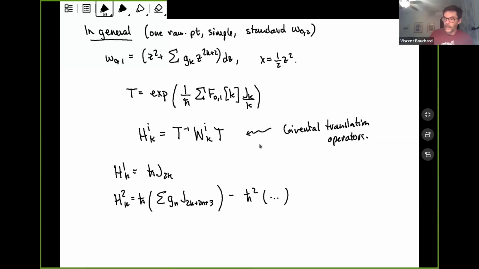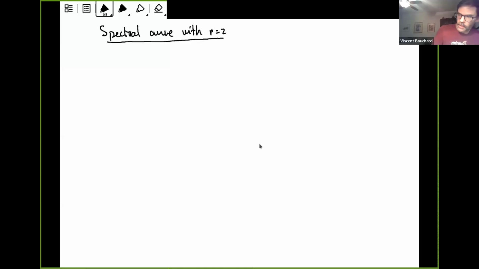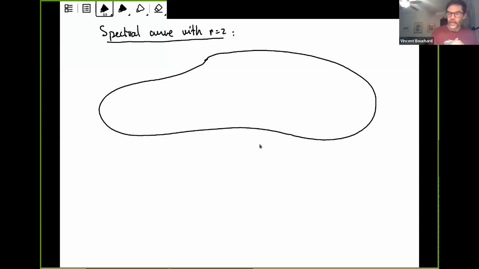Okay, so the general picture here, so for any spectral curve with ramification points r equals 2, what is topological recursion? Topological recursion is very simple. This is my spectral curve. You have a bunch of ramification points.